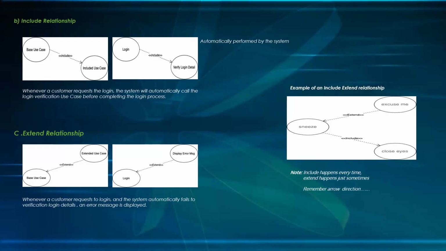Remember, relationship types. The first one is the association relationship, which is that solid line. Then the second one is the include relationship. Now, in an include relationship, we need to have a base use case and an include use case.